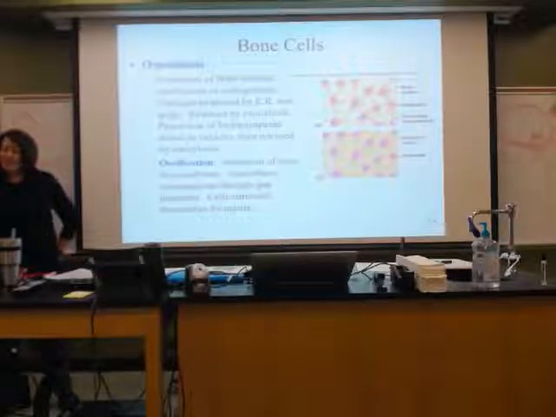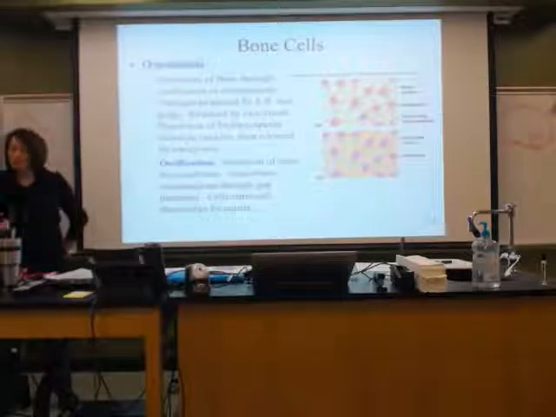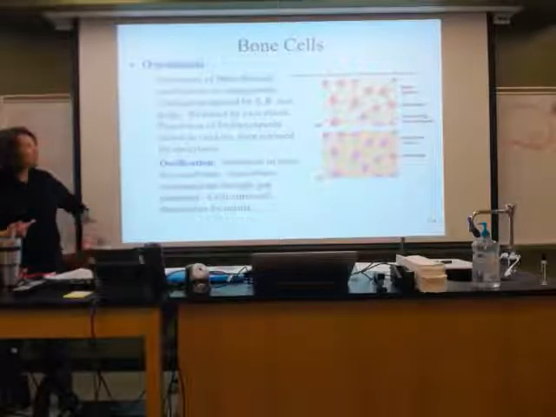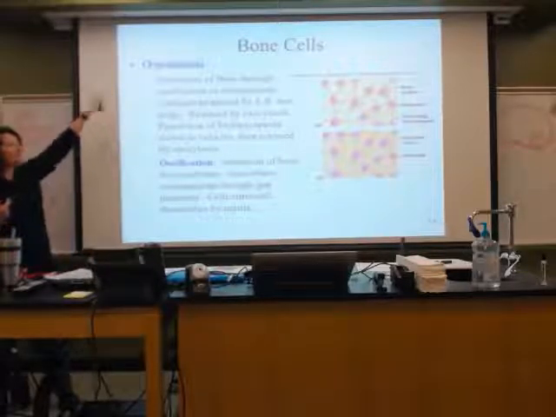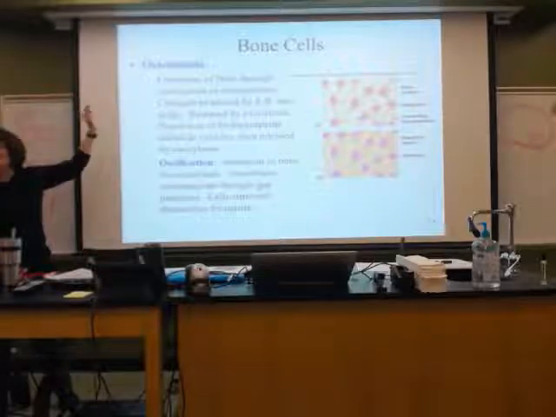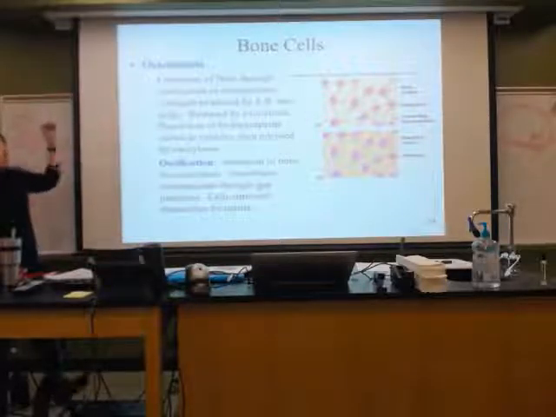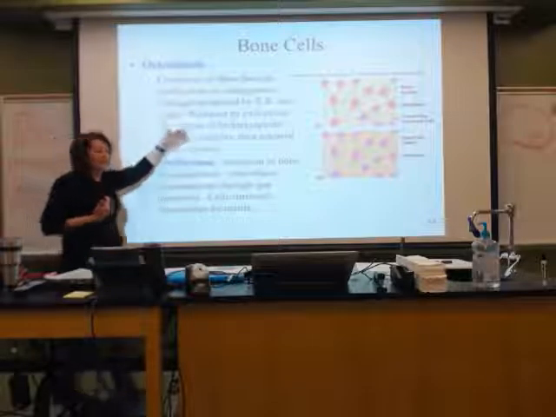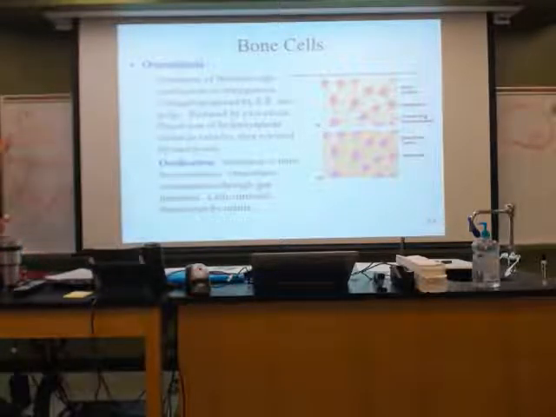But we find, just like we've been looking at with cartilage, we have to have our blast. Blasts are the immature cell. They can lay down their matrix over the collagen fibers, giving us the hardened matrix.